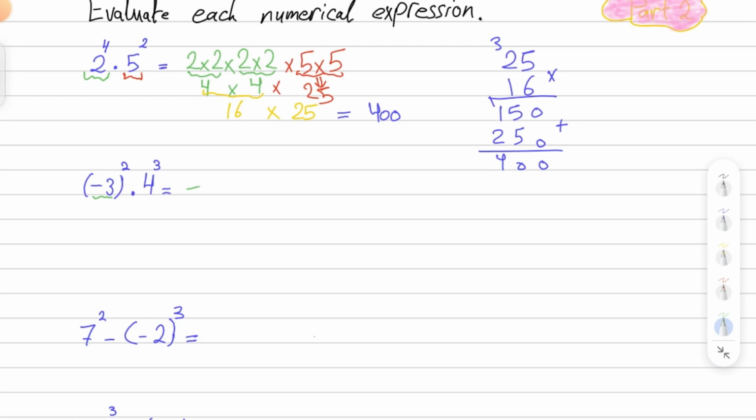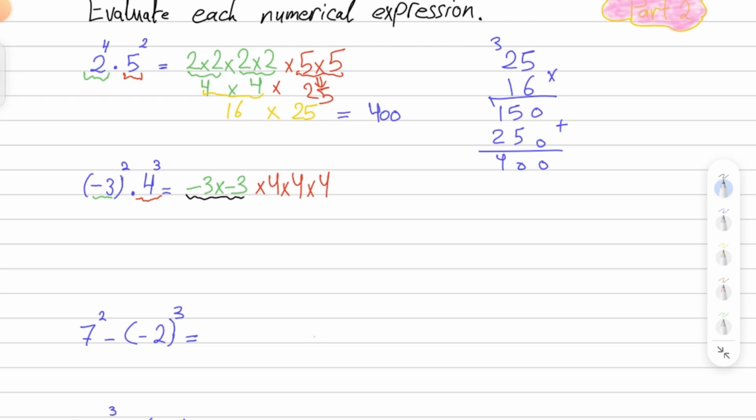When we write it in the expanded form, it is negative 3 times negative 3. Now for the 4 cubed, in the expanded form, we can write it as 4 times 4 times 4, 3 times.